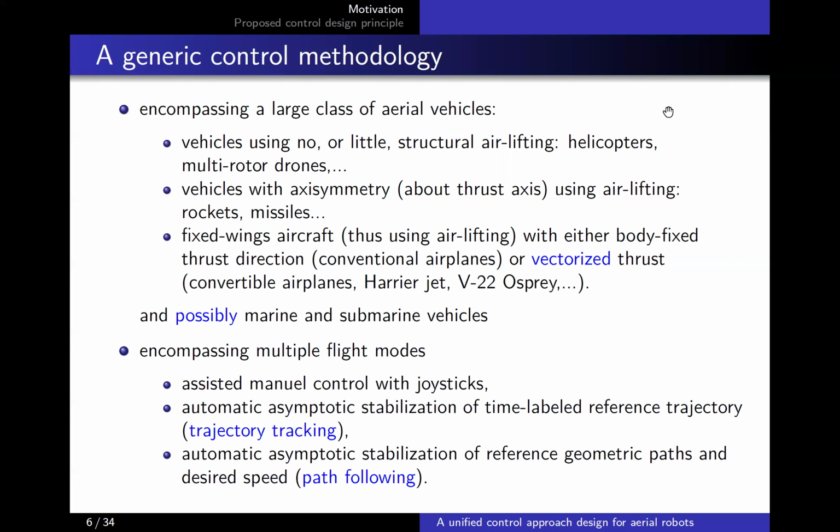We provide just a desired velocity, for instance, and control it like we control a car with a joystick. And we have the automatic control, which is asymptotic stabilization, either to a fixed point, if the vehicle is able to do it, or a desired trajectory. And the last one is stabilization around a geometric path, like what we do for vehicles such as cars or airplanes.